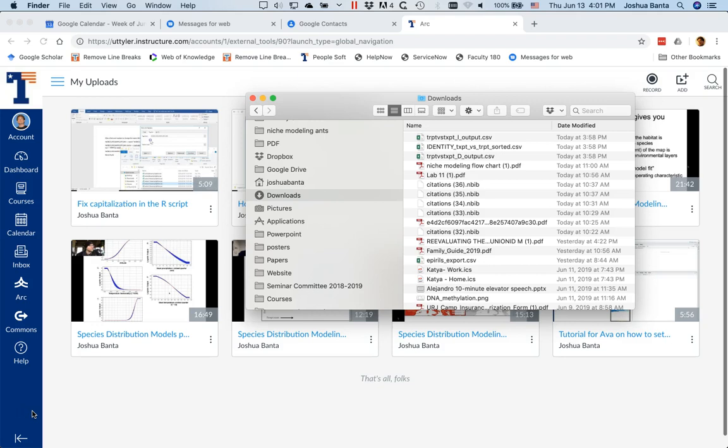so if you have two niche models, you do this test for niche overlap, you have to have two things that you're comparing because you have to see how much they overlap, right?